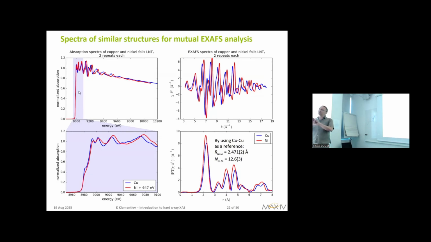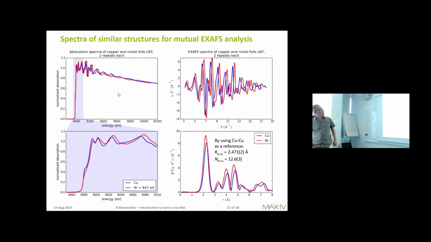Of course, these are neighboring elements, and both have FCC structure, face-centered cubic. The absorption edges, of course, don't overlap. At about 9 keV, this is copper, and about 8.3 is nickel, but I just shifted it to match.